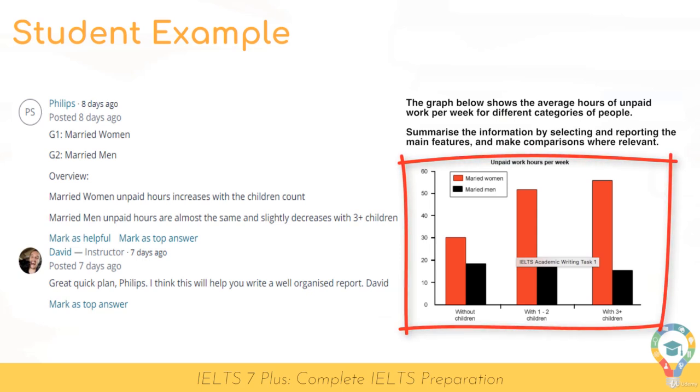And along the x-axis we have without children, with 1 to 2 children, with 3 plus children. Having a quick look at the data presented in red for married women, we can see that the amount of unpaid hours increases. Whereas with men, it actually looks like it decreases slightly.